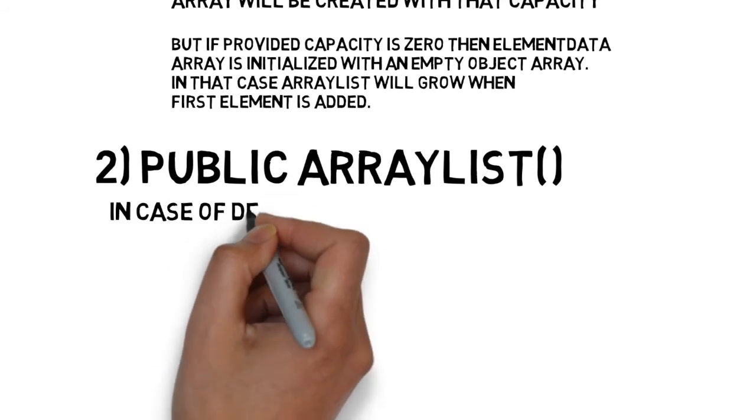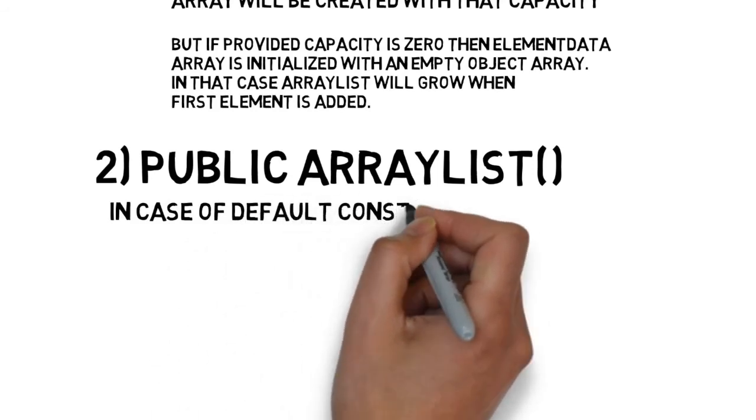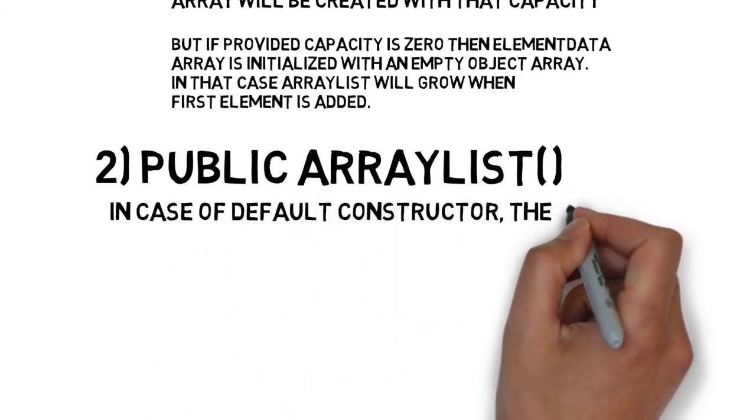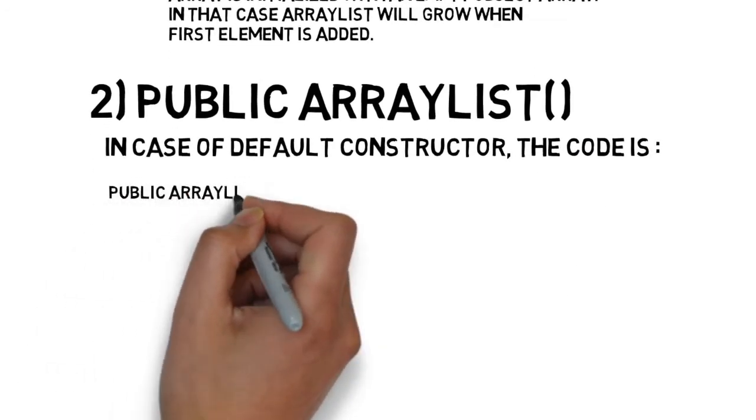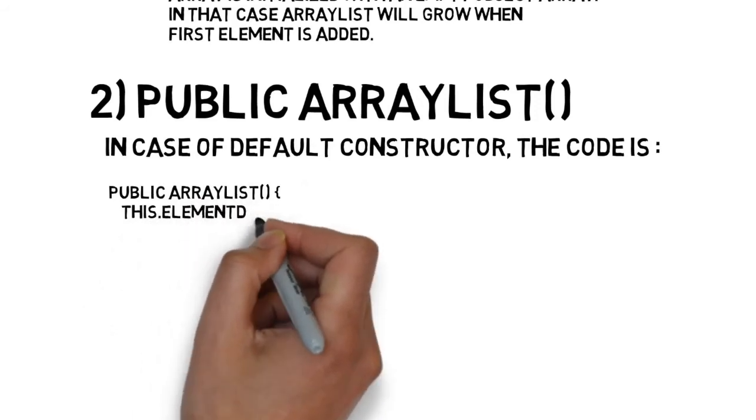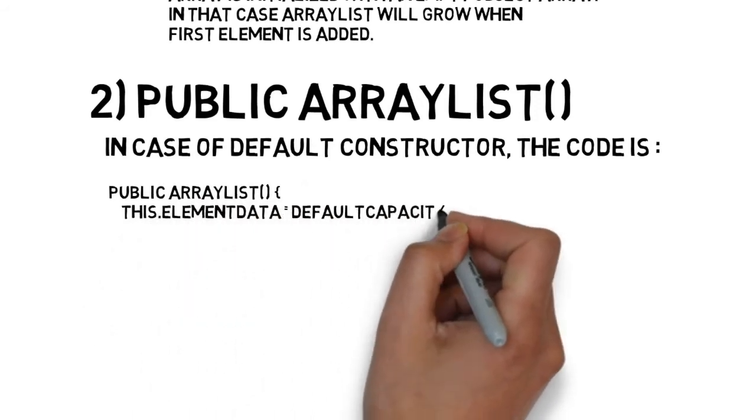Next, the default constructor, public ArrayList. In this case, the default constructor is used. The ArrayList code is public ArrayList, this.elementData equals DEFAULTCAPACITY_EMPTY_ELEMENTDATA.